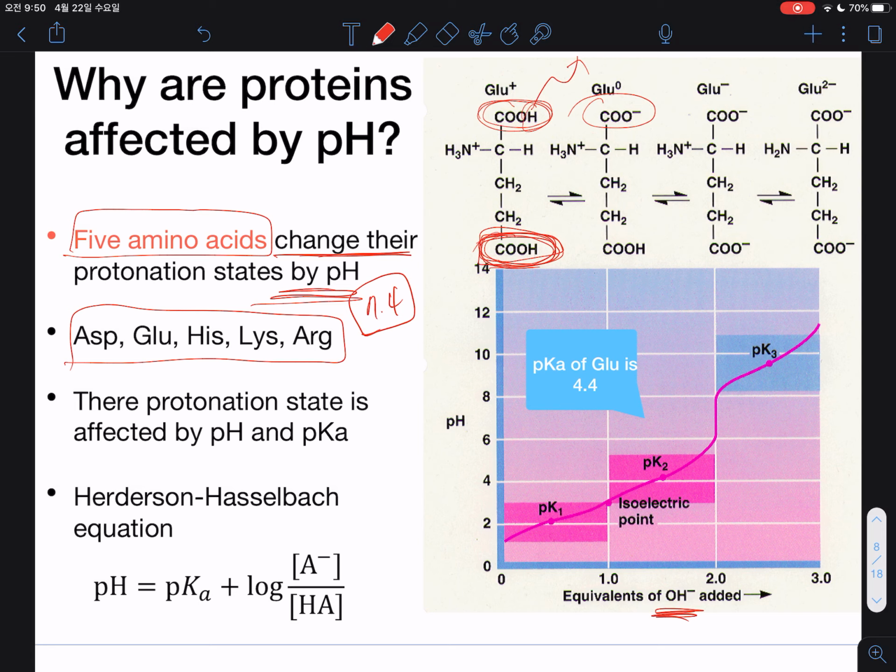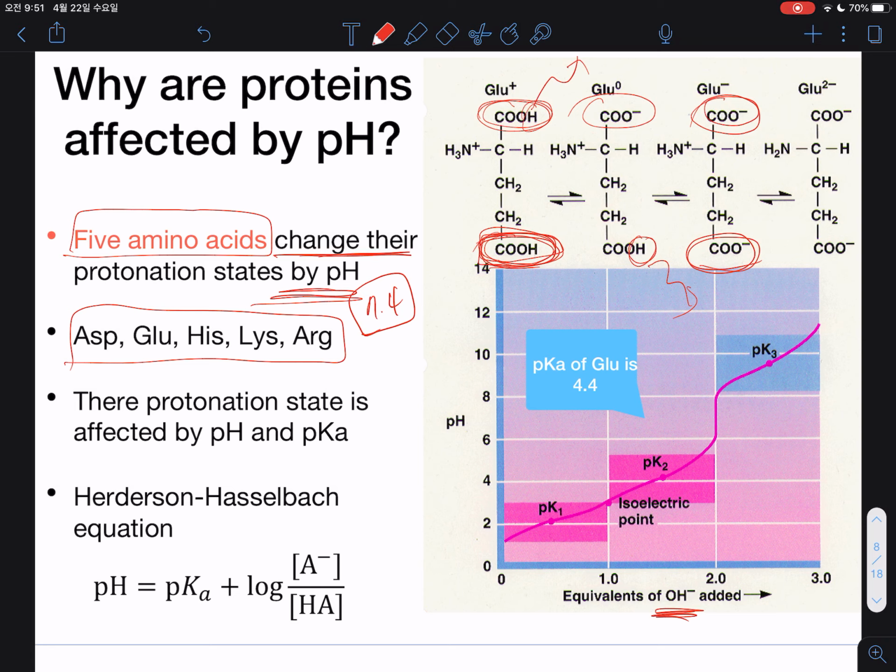If we titrate more, adding more basic species, then this proton will leave and this becomes negatively charged, and this one becomes negatively charged. And if we add more and more OH minus, the proton at this NH3 group will also leave, and this one has a -2 charge.